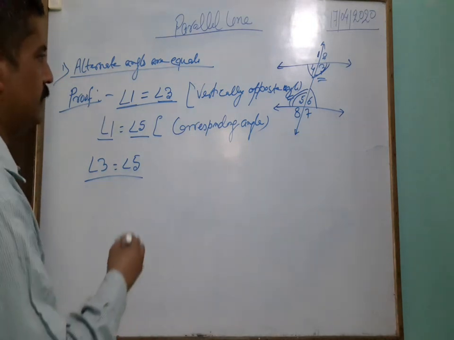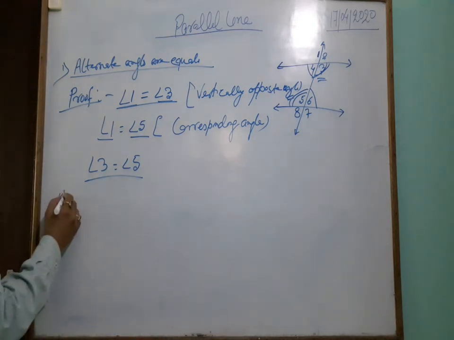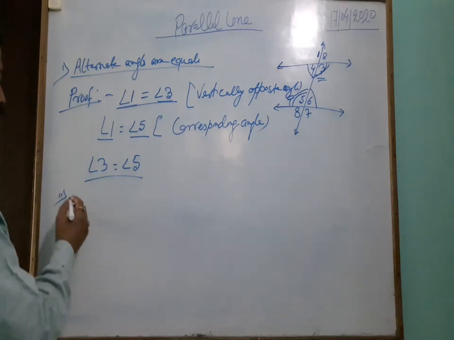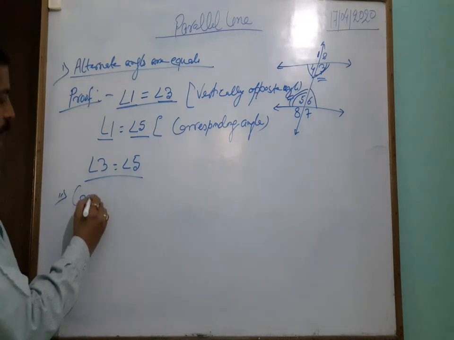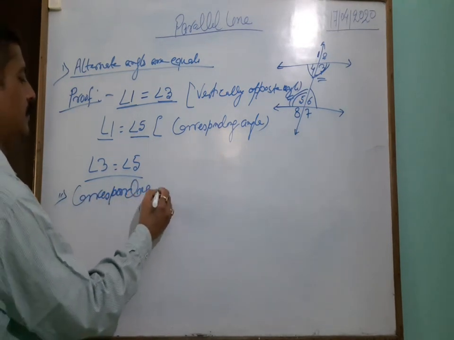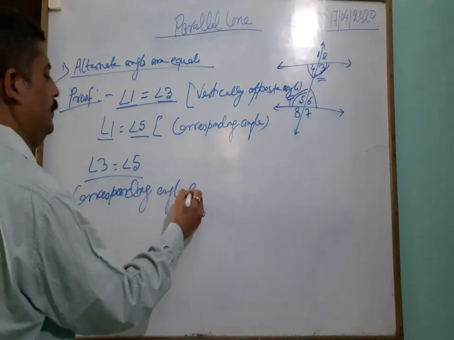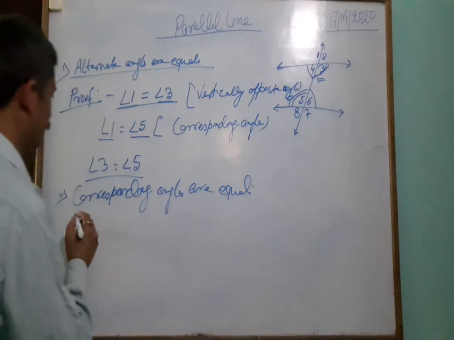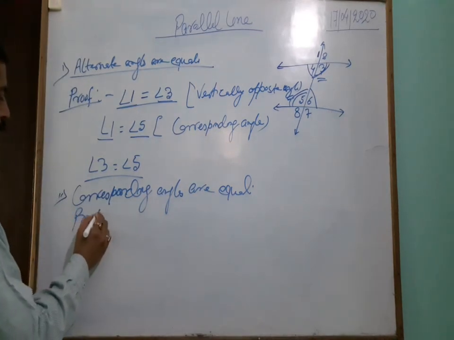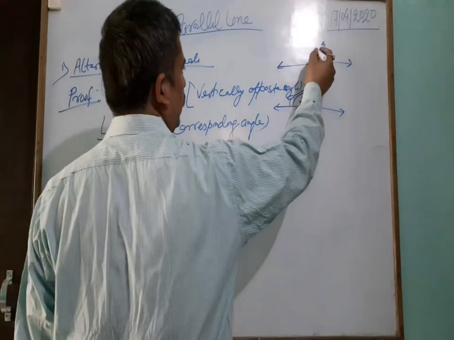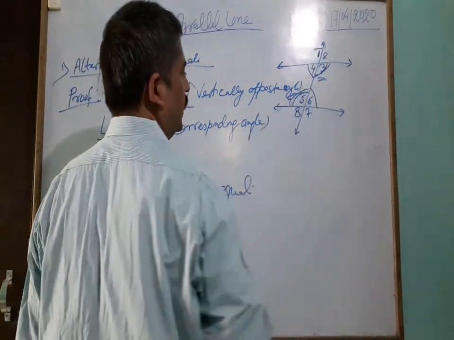Next, corresponding angles are equal. Proof. Corresponding angles means angle 1 equals angle 5.